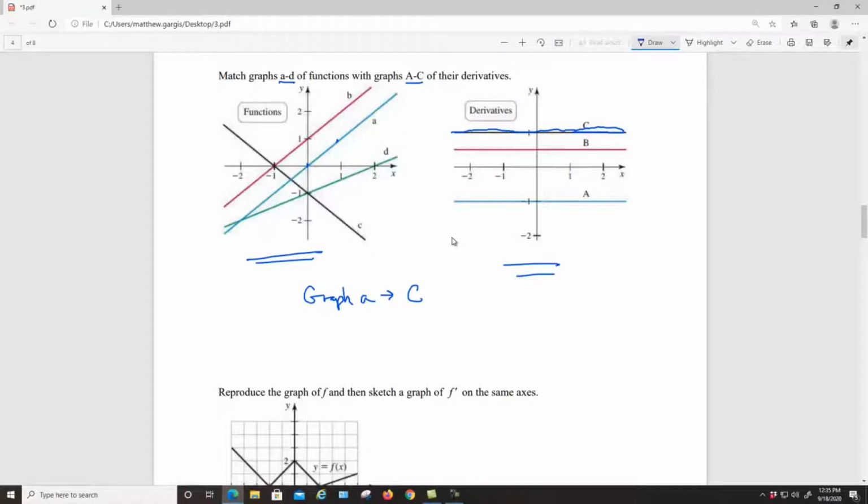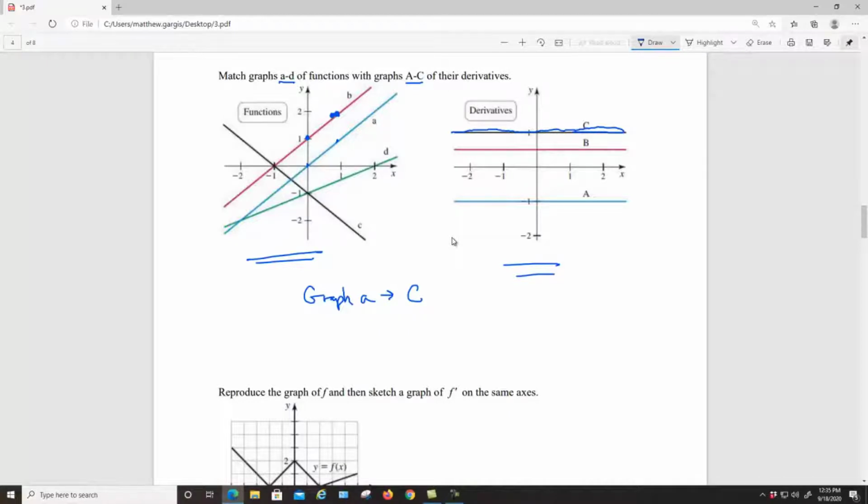Notice b. If I look at this point and this one, it looks parallel to graph a, and looks like you go up 1 over 1 as well. So the slope is also 1 for graph b.